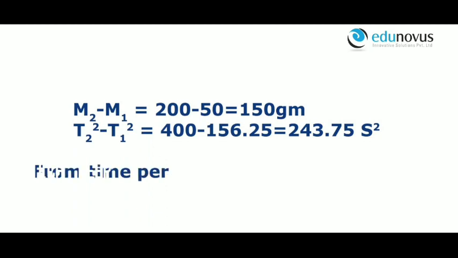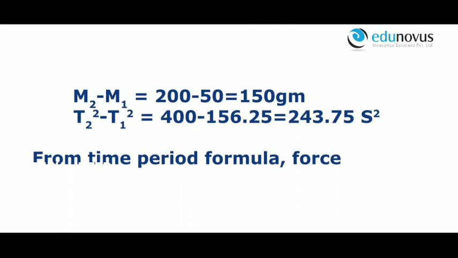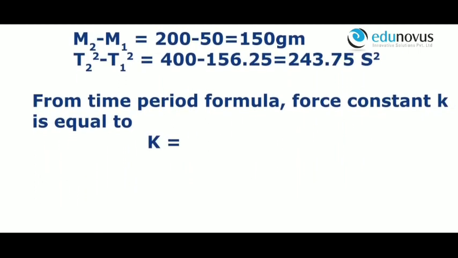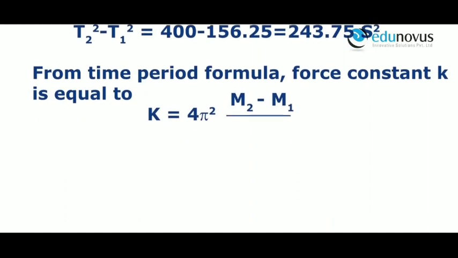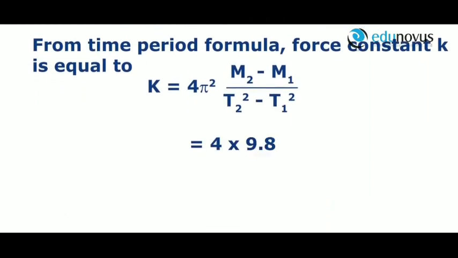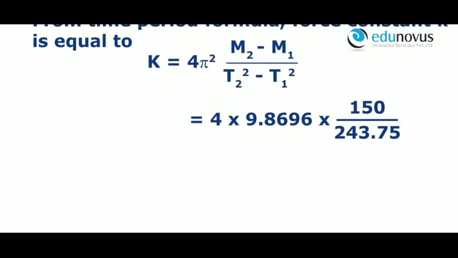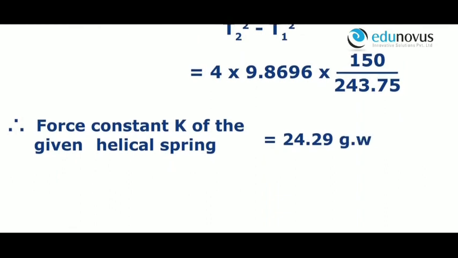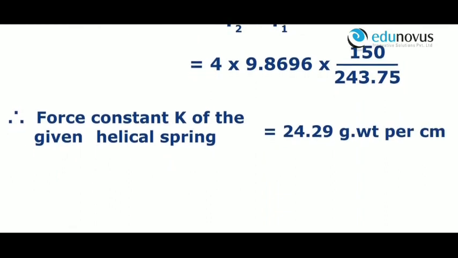From the time period formula, force constant K is equal to 4 pi square into m2 minus m1 by T2 square minus T1 square, which is 4 into 9.8696 into 150 divided by 243.75. Therefore, force constant K of the given helical spring is equal to 24.29 gram weight per centimeter.